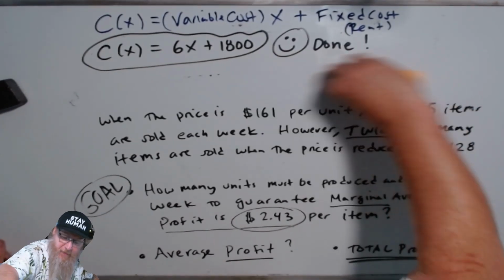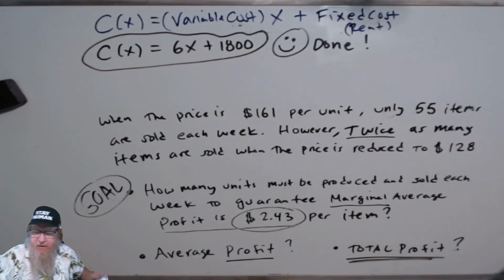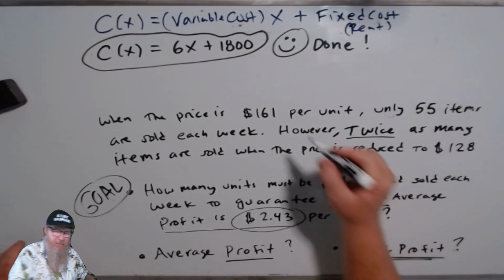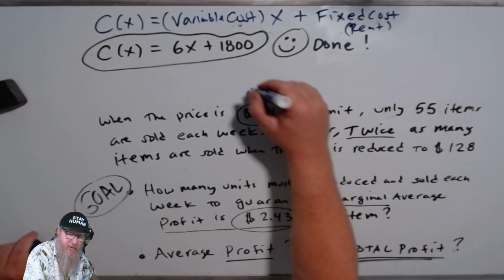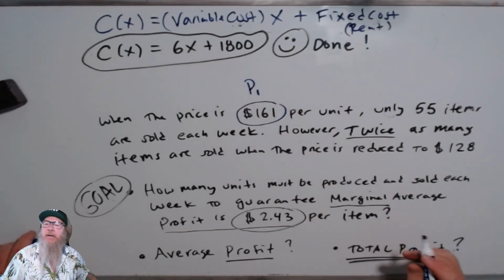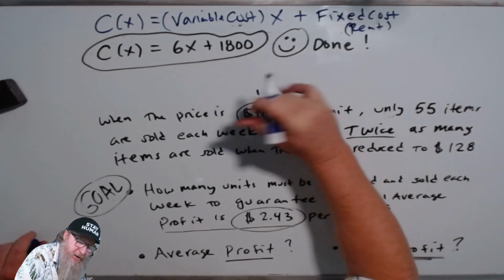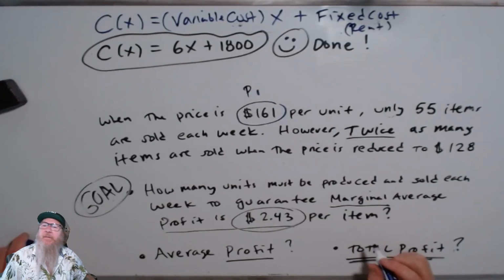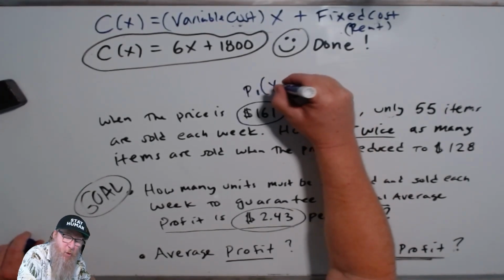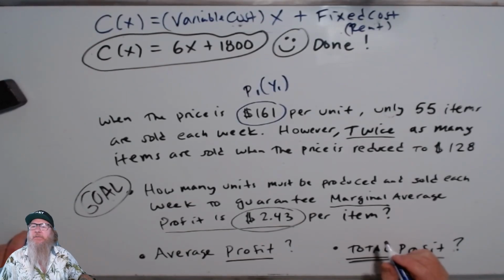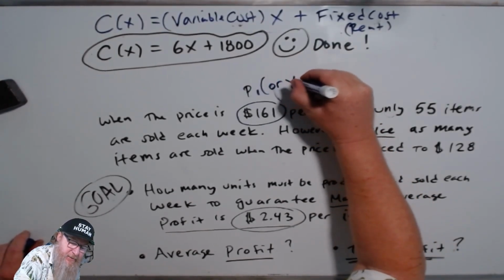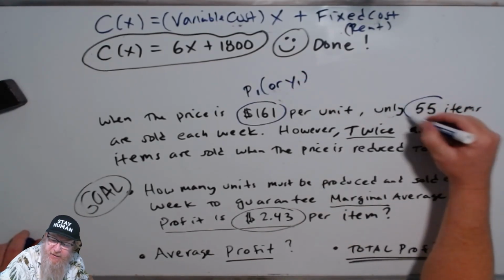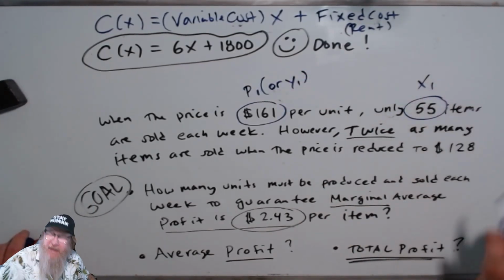Now a little bit harder. I've got my price number one. Call that P1. Be very careful. This is not profit. You could actually use Y1 if you prefer. It's probably not a bad idea. And then this is your X, so that's your X1.